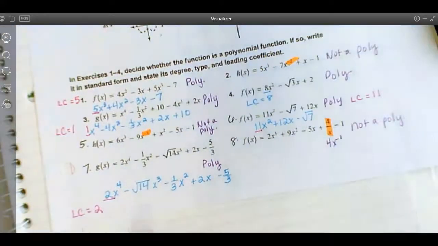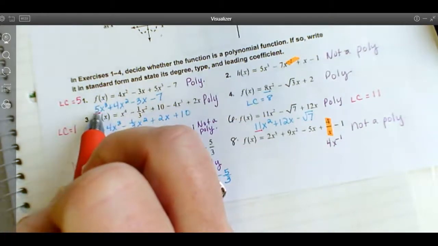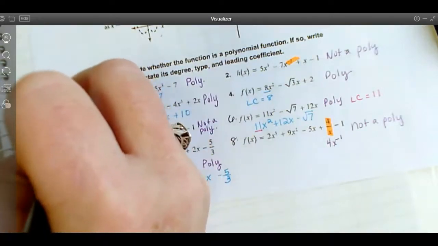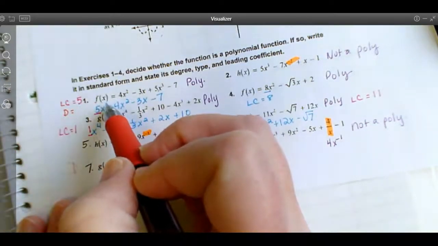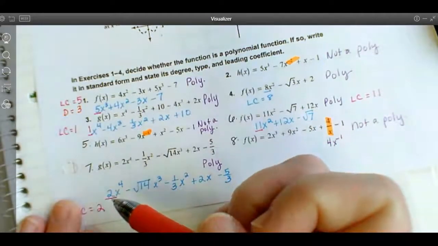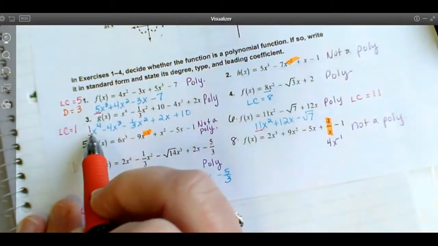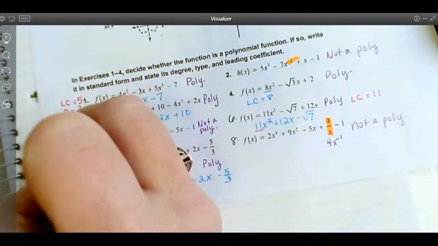Okay, very quickly, let's come back down to the bottom, and let's write down what these degrees are, just to make sure that we understand. So leading coefficient was the number at the beginning. The degree is the power, the highest power. So the highest power on number 1 was 3. So this time you're looking at the power that x is raised to. On number 3, the highest power is 4.